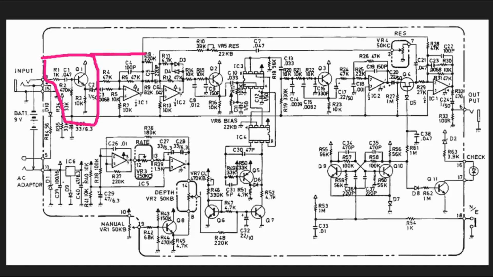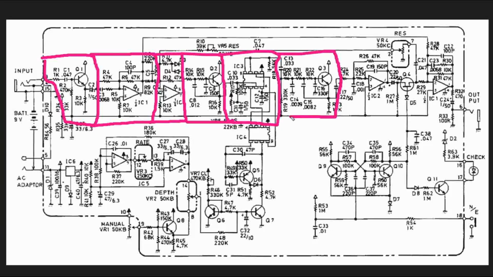So, you know, it's really just a matter of coming in here and saying, where can I draw my boxes so that I can break this down into parts that I can more easily understand. And that is really all that is going on here. We just happen to have a whole lot of these boxes in this particular flanger because there is a lot that's going on with it.